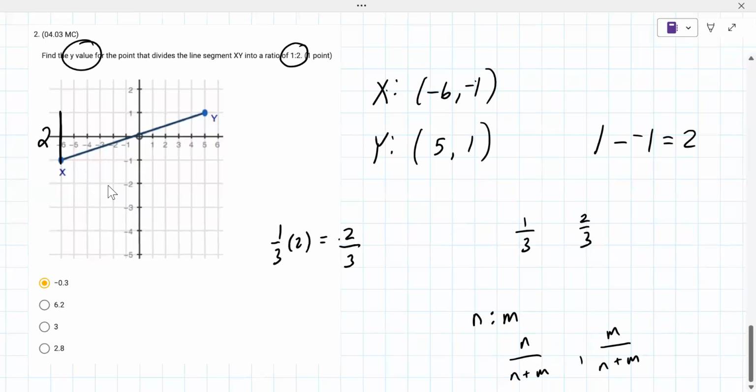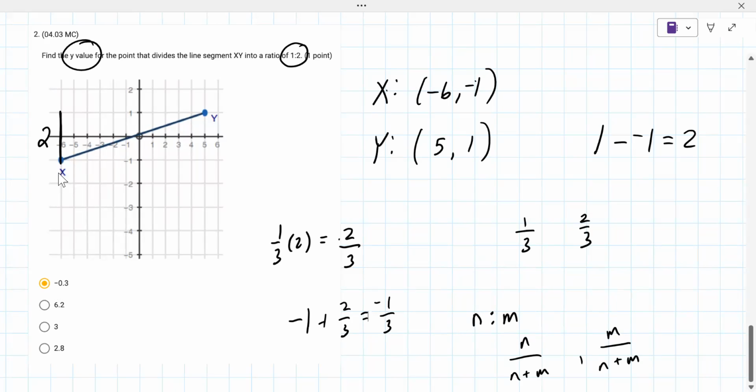And so since we're going in the positive direction here, we're taking -1 and adding 2/3 to it, which is -1/3. I'm not sure why they're not doing it that way, but that is about right.